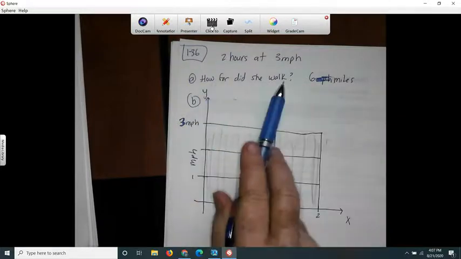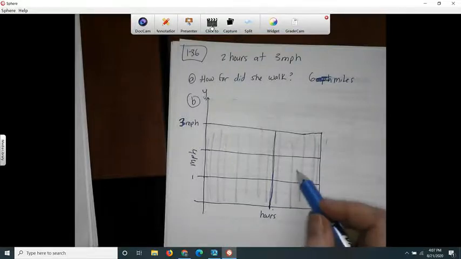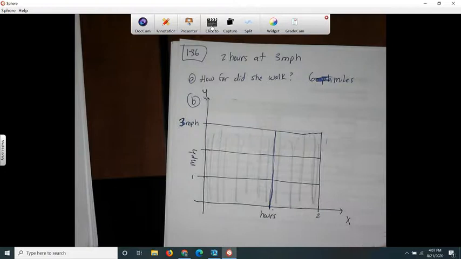That's how far she walked. But why? What are the units of the sides of the rectangle? That's my hint. Why does each one of these rectangles represent 1 mile? Giving you some think time.